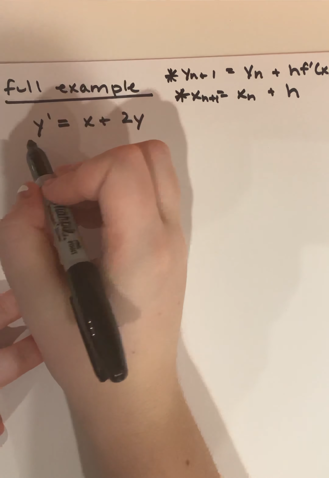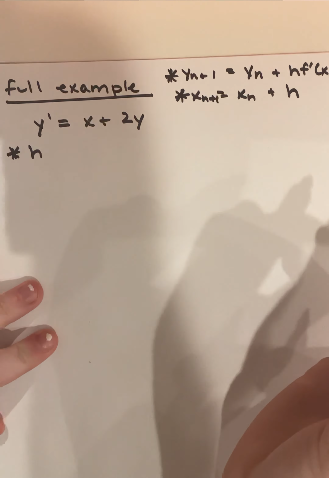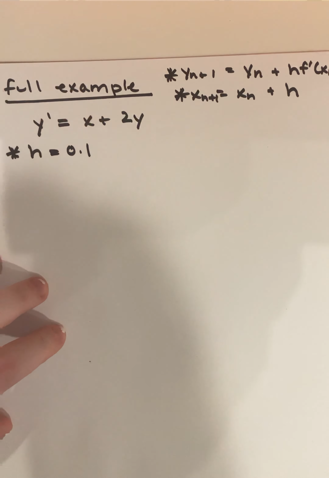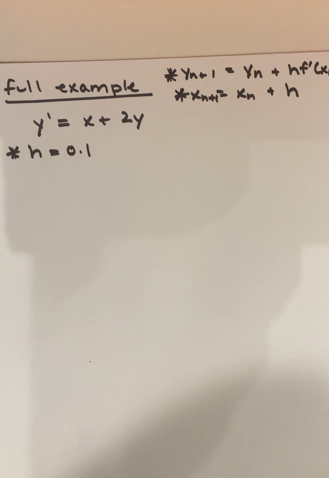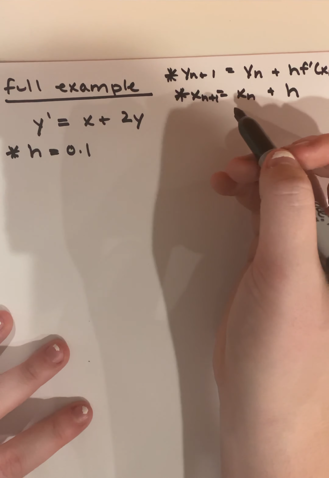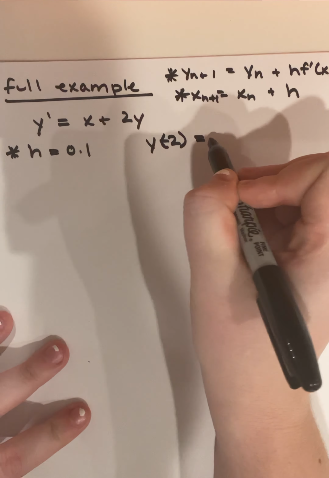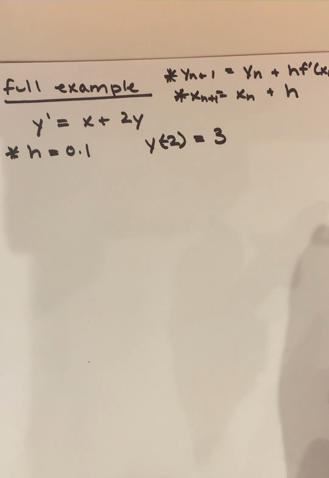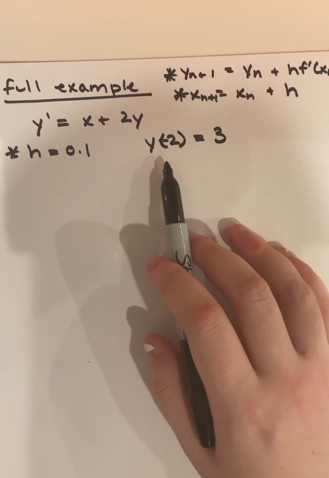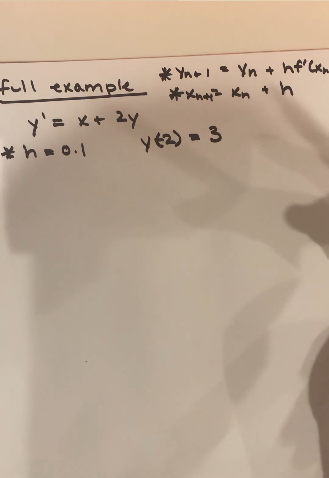So our step in this is going to be h equals 0.1, just like I was talking about before. And we are given that y of 2 equals 3. So given this, we are basically given our first point to start at.